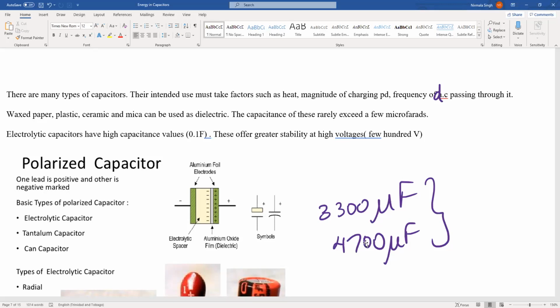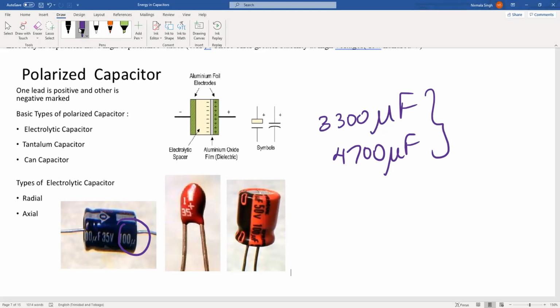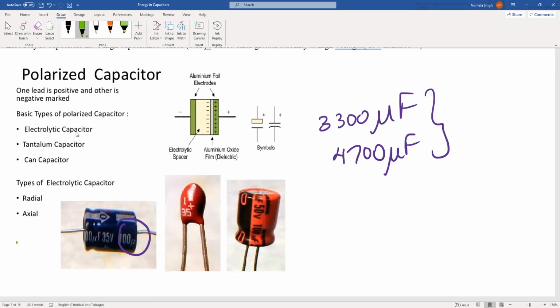Now, whenever you all use a capacitor, you are going to notice they tell you what the capacitance of your capacitor is. This is a diagram of one of the capacitors we have in school.